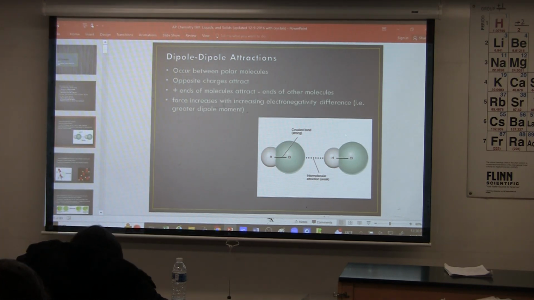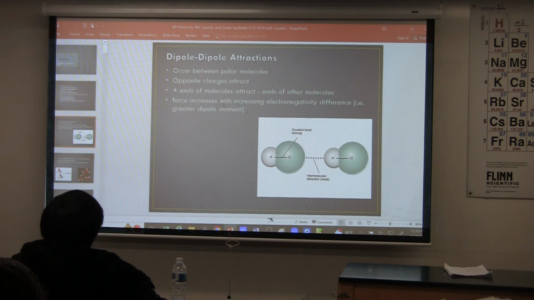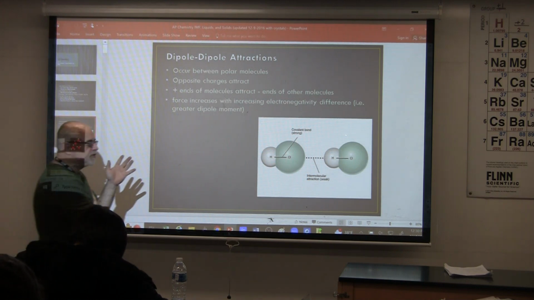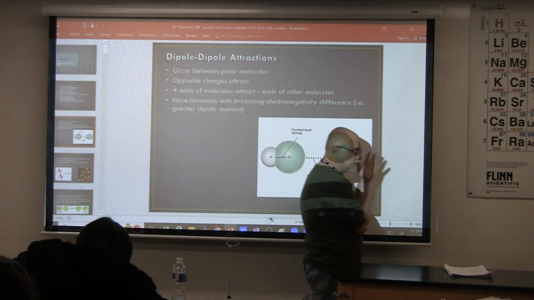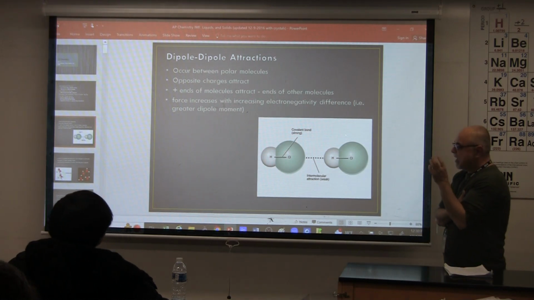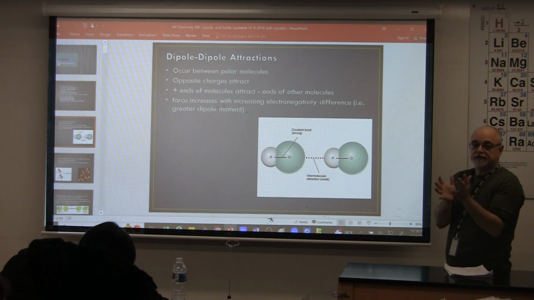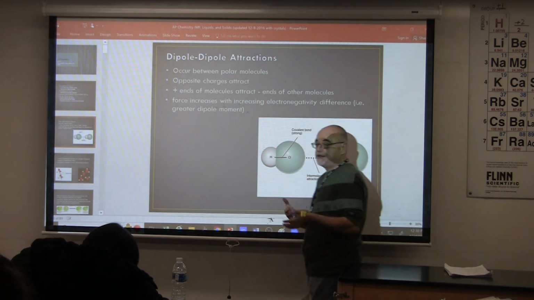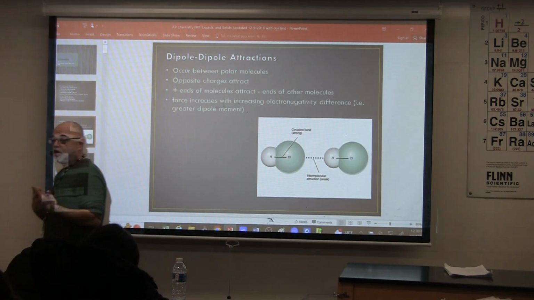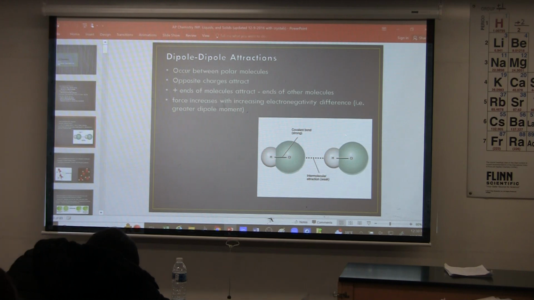So what's going to determine how strong such an interaction is? That's a big part of it, right? Because again, Coulomb's law is still true here. If we have greater polarity, as Jason suggests, by the difference in electronegativity being greater, we should expect higher charge separation and therefore stronger charges, making it a stronger attraction.